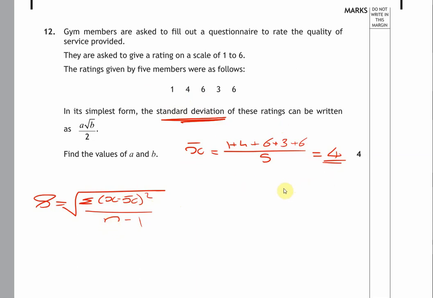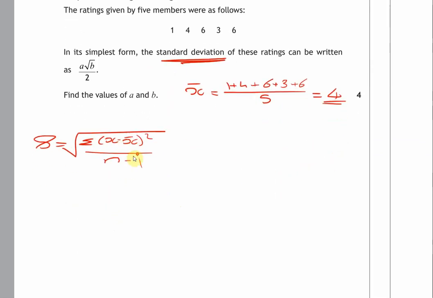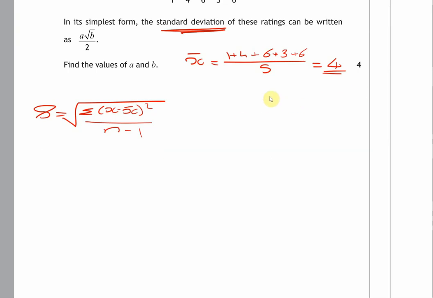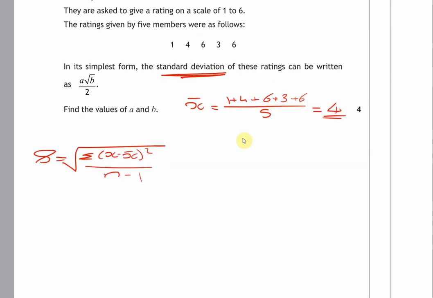So we'll create a table here of x minus x bar squared. So we know our x value, and then we'll have x minus x bar, and then we'll have our x minus x bar squared. So that's our table here, like so.